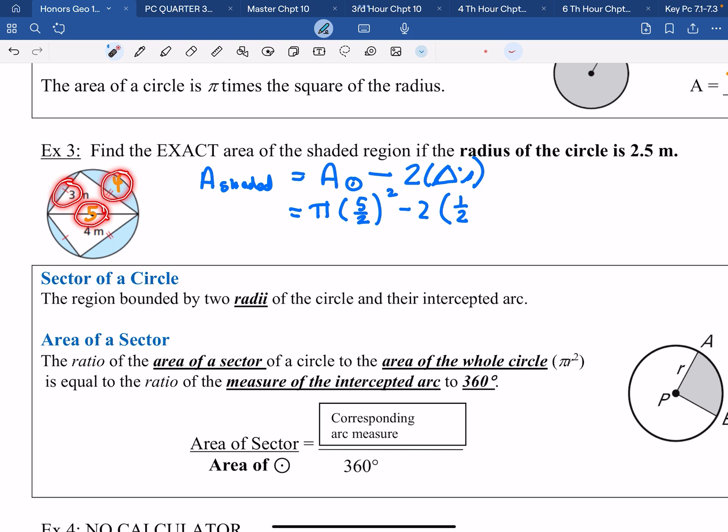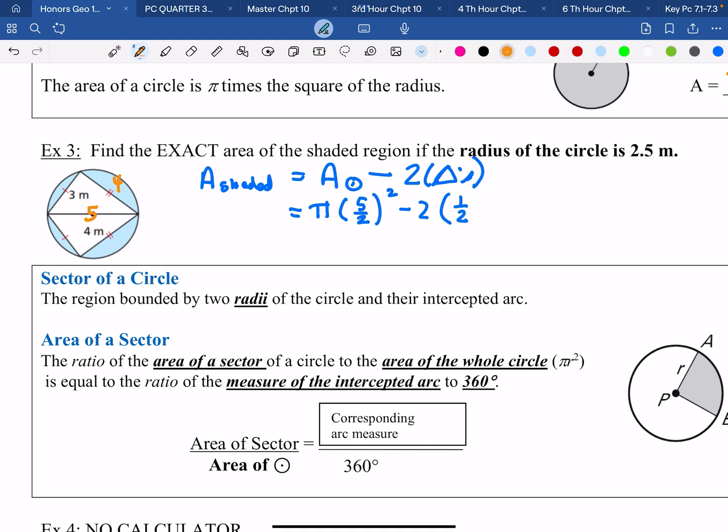Now, we learned back in the very beginning of chapter 9 what's called a Pythagorean triple. 3, 4, 5 was one of those very special triangles that we talked about, in which if this is a 3, 4, 5 triangle, then this would have to be the right angle, in which they gave you that side there.